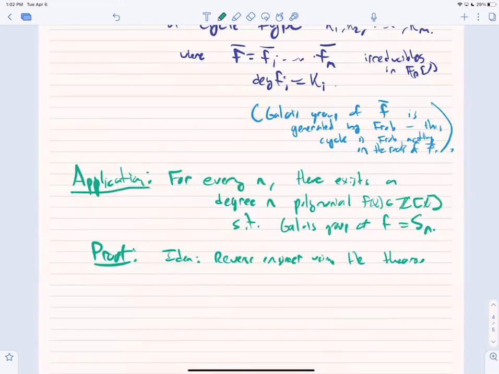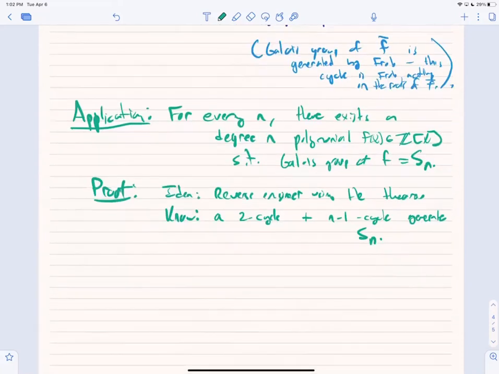So we know from a previous homework that a 2-cycle and an n-1 cycle generate S_n. Well, I'm pretty sure we proved this, or we proved a couple of different related things. This one is true, and if we didn't prove it, you can substitute what I do next for some related one.